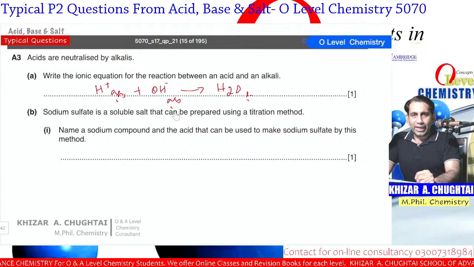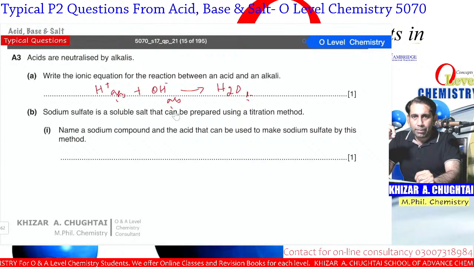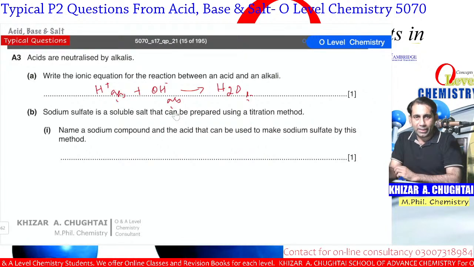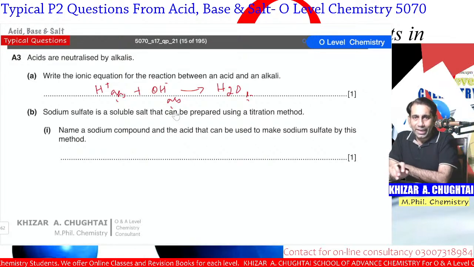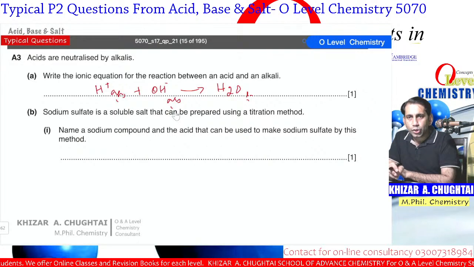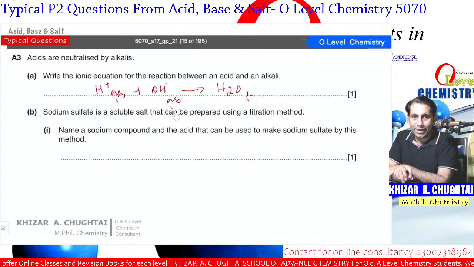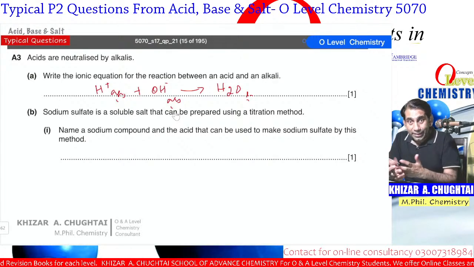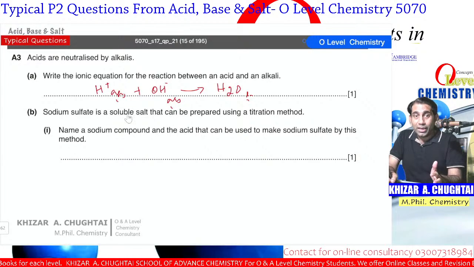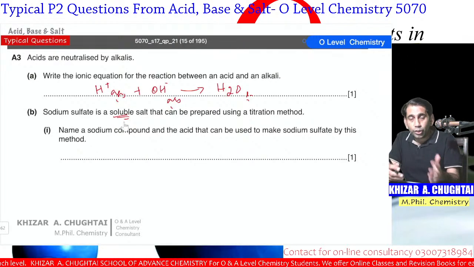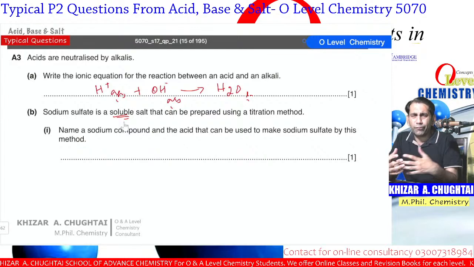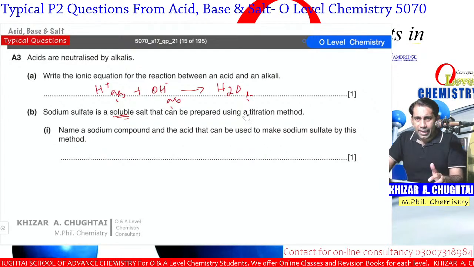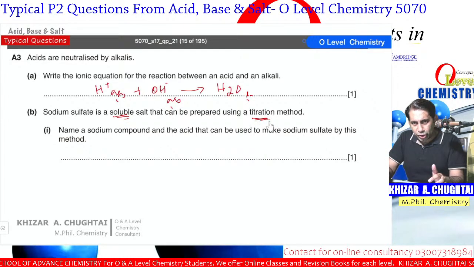Sodium sulfate is a soluble salt that can be prepared by the titration method. Name a compound and the acid that can be used to make sodium sulfate by this method. Name a sodium compound and acid. It's a soluble salt. Soluble salts may be synthesized by 5 different methods, and in this case he is asking for the titration method.